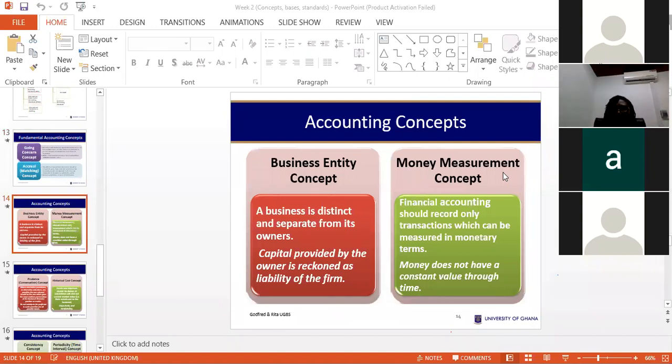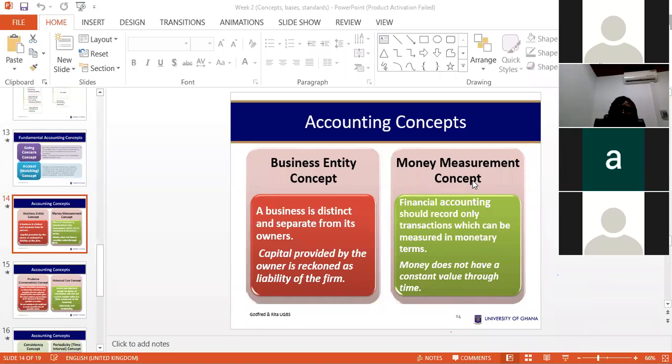At the inception of our lecture 1, I told you that every activity must be quantified for it to become a transaction. And this is what we hold on to. The money measurement concept assumes that we only record financial transactions that are measured in monetary terms, or we only record activities and events that can be quantified in monetary terms.